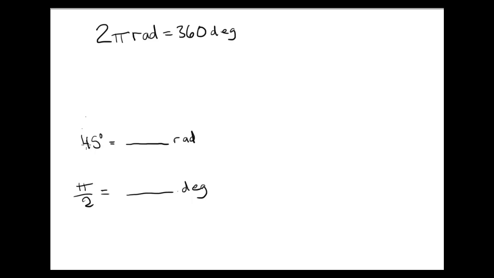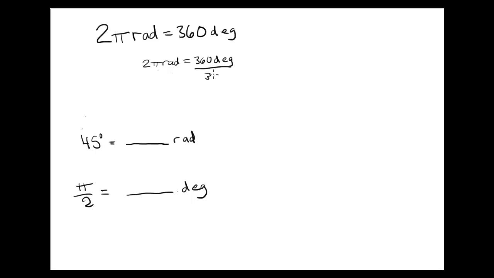Now for this particular problem, they give you 45 degrees and they want you to tell them how many radians that is equal to. So we're going to take this formula up here and solve to get degrees by itself. I'm going to rewrite it. What do you need to do to get degrees by itself?